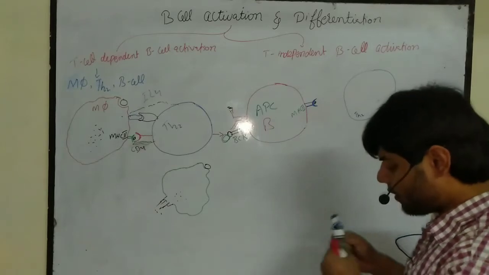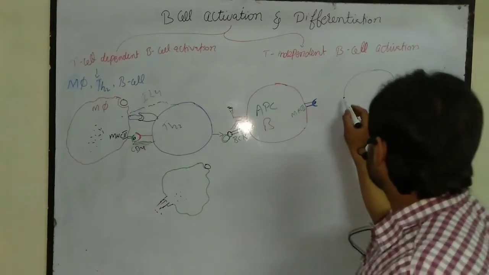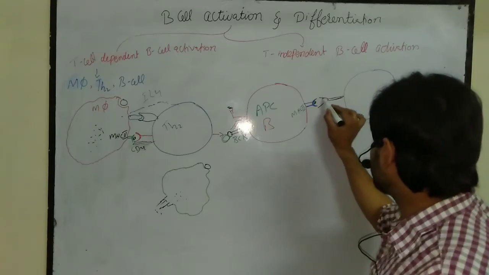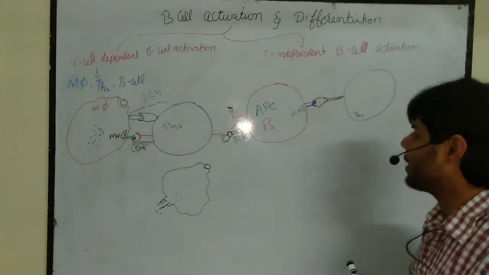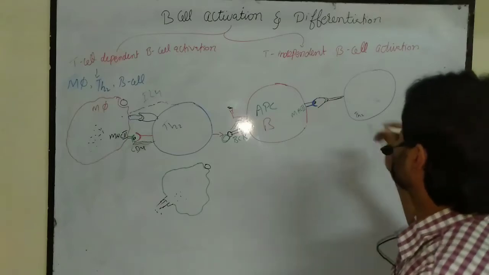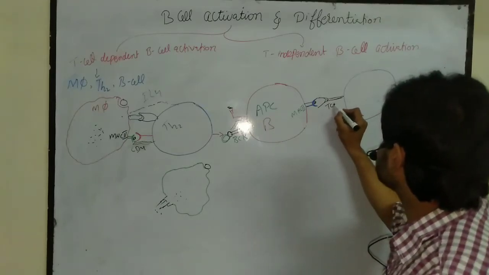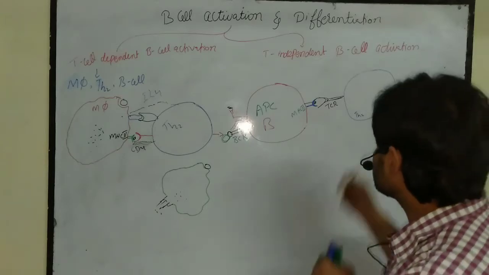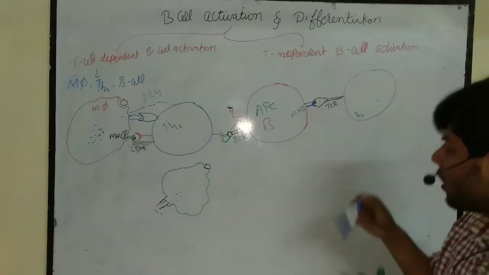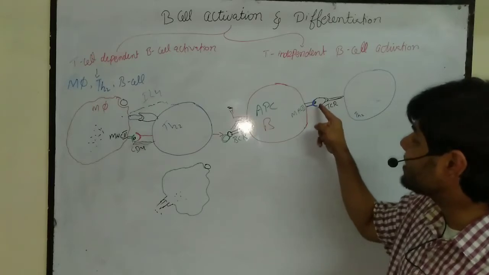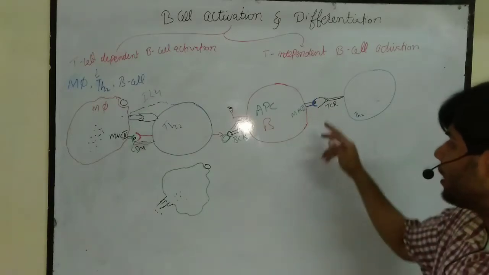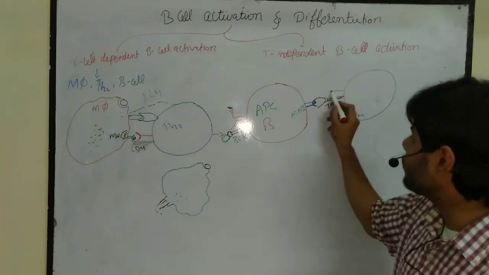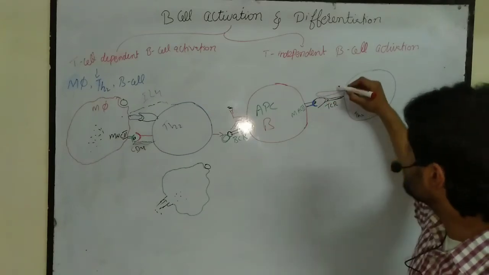Now they recognize this MHC2 receptor by their receptor, which we call the T cell receptor. When they recognize it, they recognize this MHC2 receptor with the help of the T cell receptor, and moreover, they also require another molecule which we call CD4.